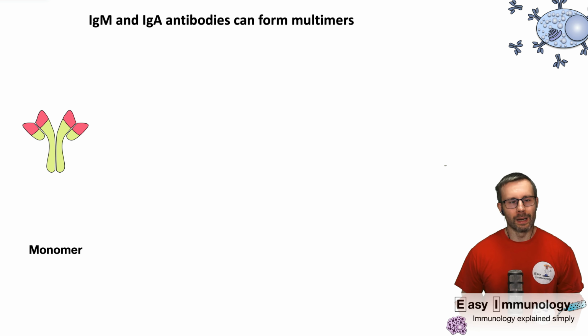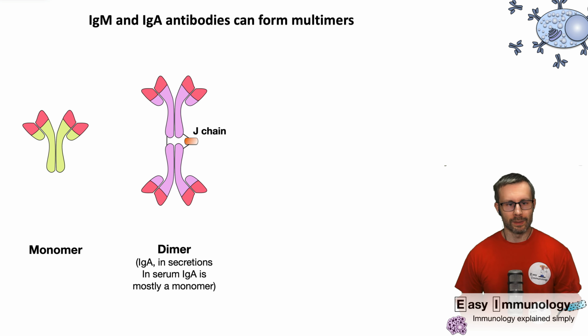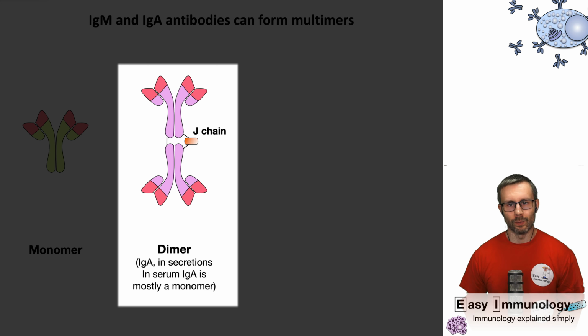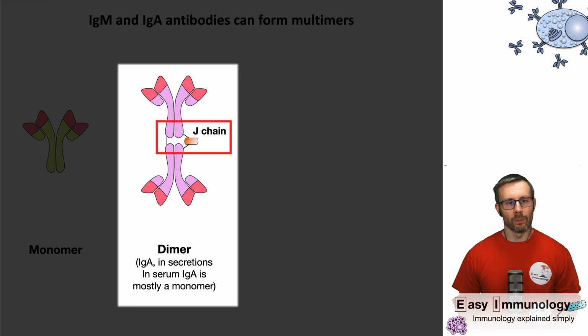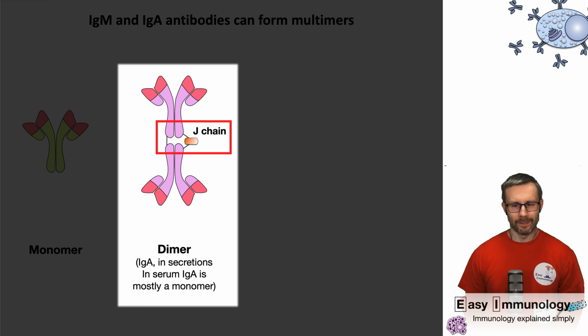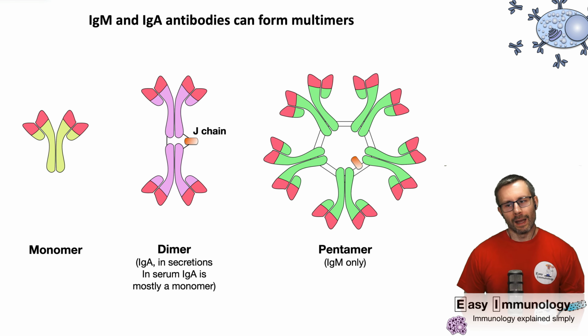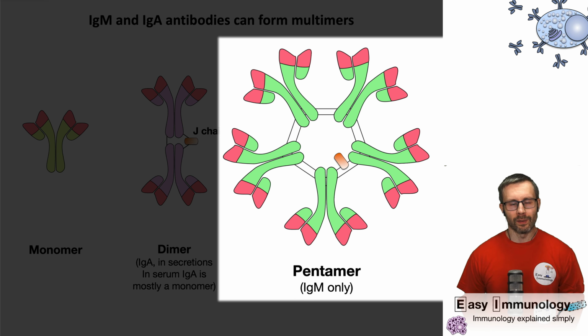Antibodies can also be monomeric, so it's just one antibody molecule. They can be dimeric, so 2 identical antibodies combined via a joining chain. This is, for example, the case in IgA. And you can have pentamers, where 5 identical antibodies are combined into one big antigen-binding conglomerate.